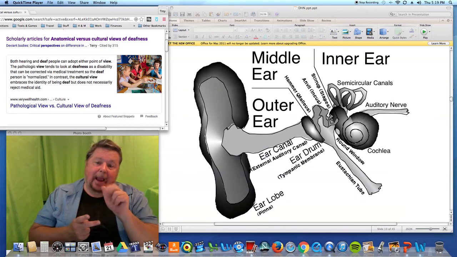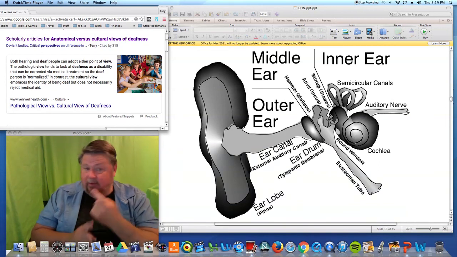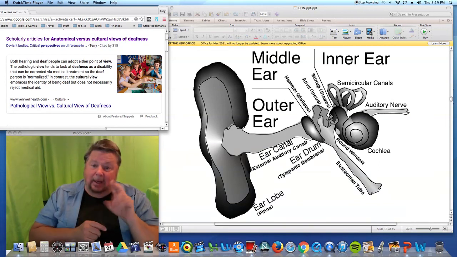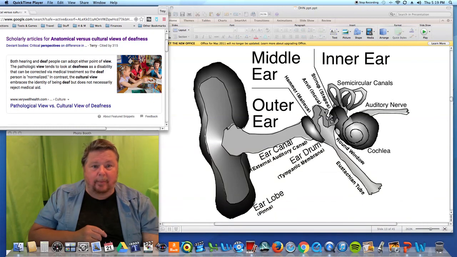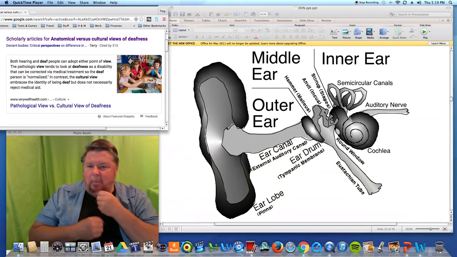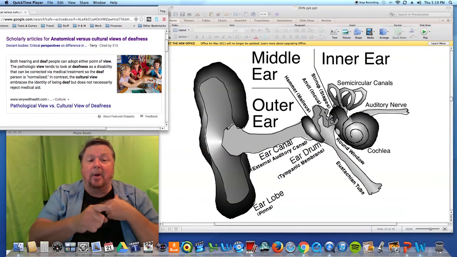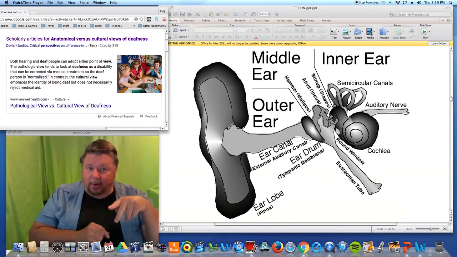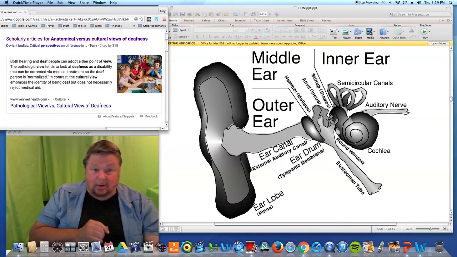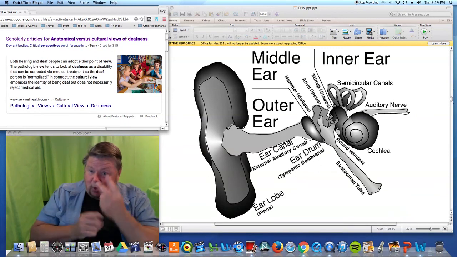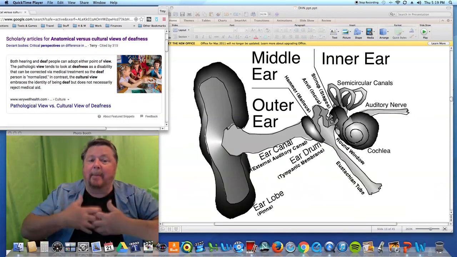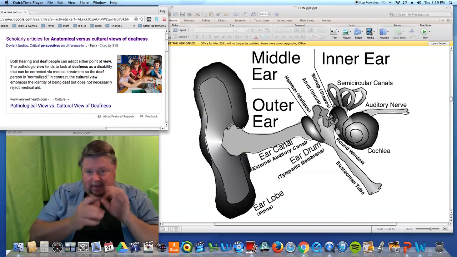You have the anvil, because the hammer has to strike something, right? Anvil, or the incus. And then you have the stirrup, or stapes, which has two parts to it. This is the mechanical part of the ear. We'll get to that in a minute.